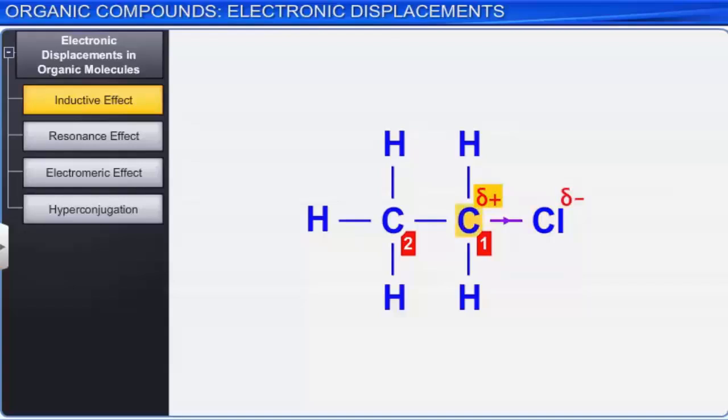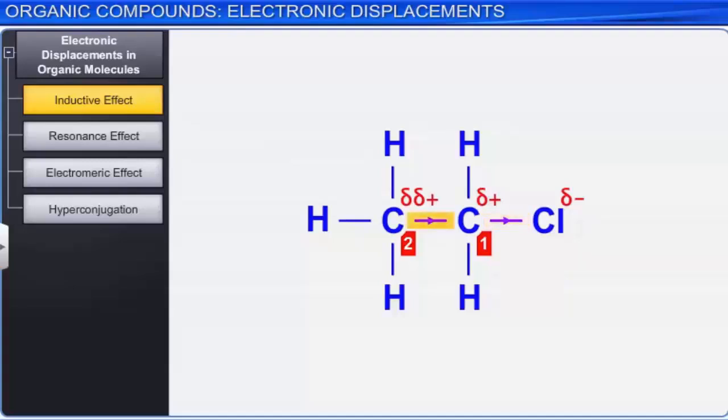The partial positive charge on C1 draws some electron density towards itself from the adjacent carbon-carbon bond. This causes C2 to acquire a small positive charge. The delta plus represents a relatively smaller positive charge as compared to that on carbon-1. Thus, carbon-chlorine bond induces polarity in the adjacent bonds.